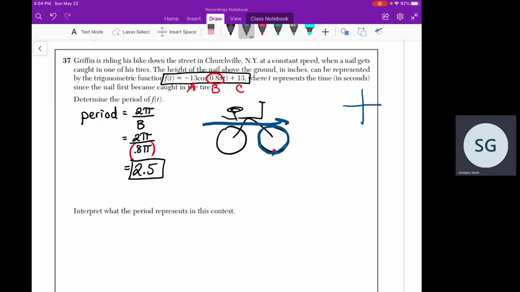Think about the unit circle. One period of a graph is one trip around the unit circle where it'll rise and then it gets lower and then it comes back up again. So what does that 2.5 represent? Well, that 2.5 means that it takes 2.5 seconds for the nail in the tire to make one complete revolution. So it takes 2.5 seconds for this nail to go all the way around.